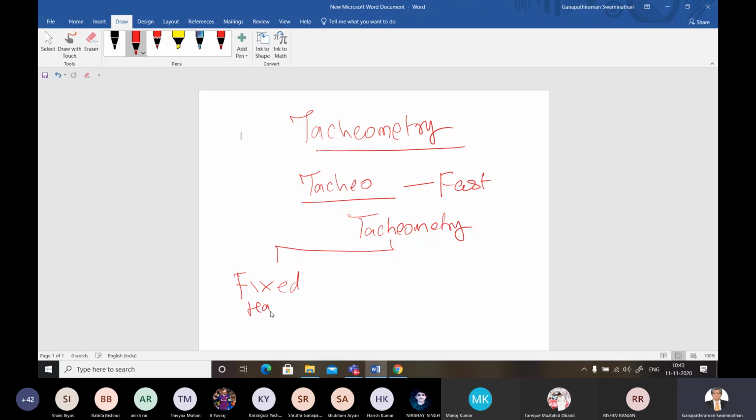Fixed hair method, and... sorry, I made a mistake. It's stadia tachometry, and you have got the tangential tachometry.